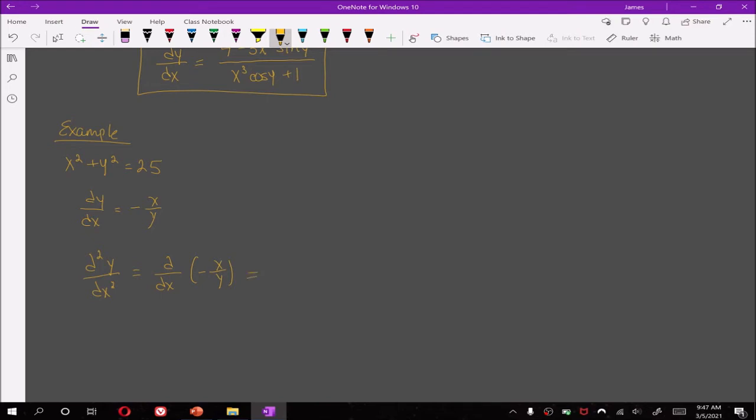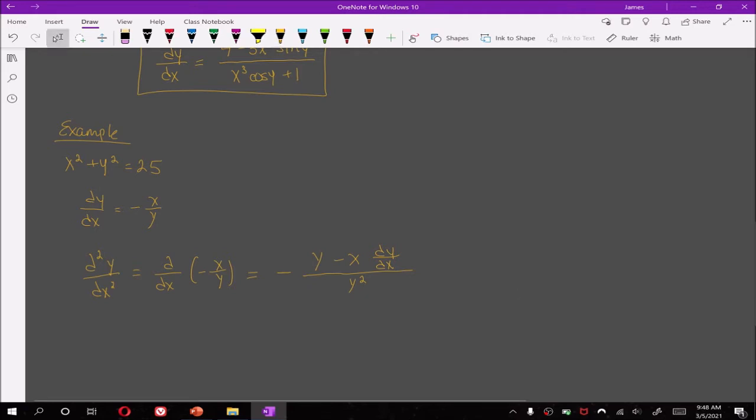Right, now this is a quotient rule. Right, so it'll be negative, right? So I'm going to use constant multiple. Now quotient, denominator, times the derivative of the numerator is 1, minus the numerator times the derivative of the denominator, which is dy dx, all over the denominator squared.